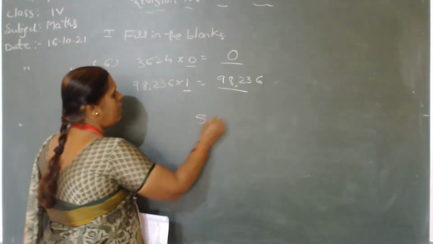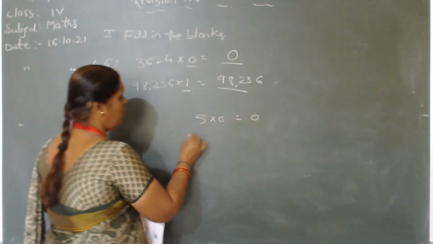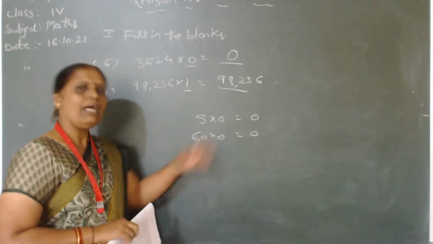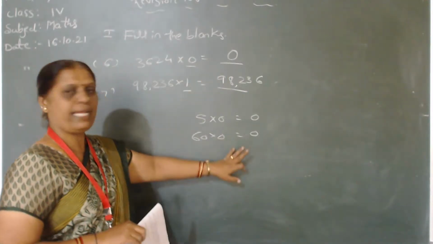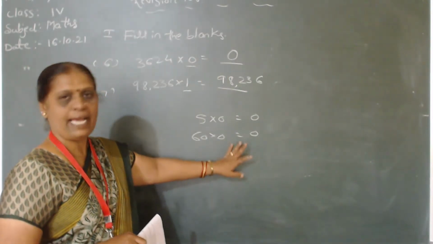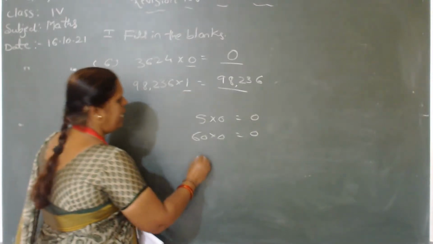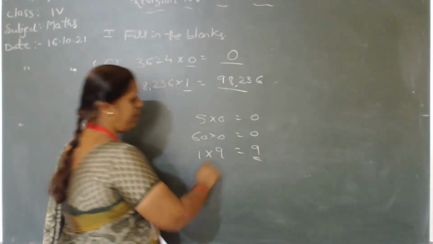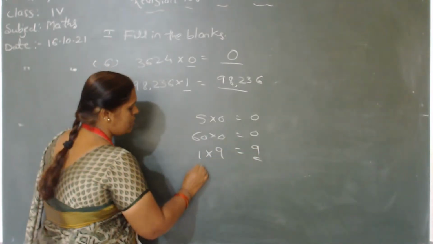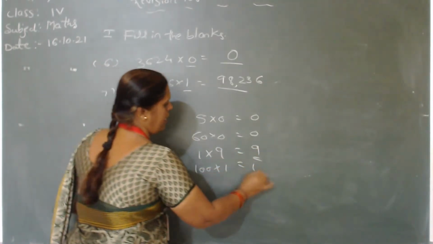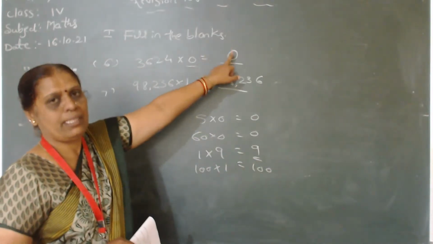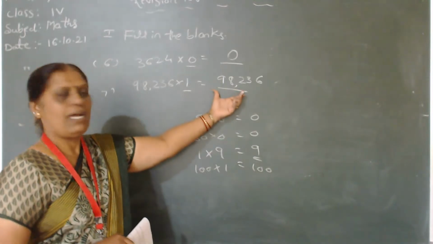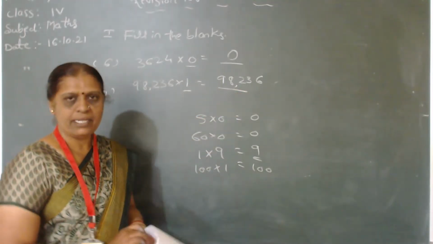For example, 5 into 0 is 0, 60 into 0 is 0. So any number multiplied by 0 gives the product 0. Any number multiplied by 1, the answer will be the same number.